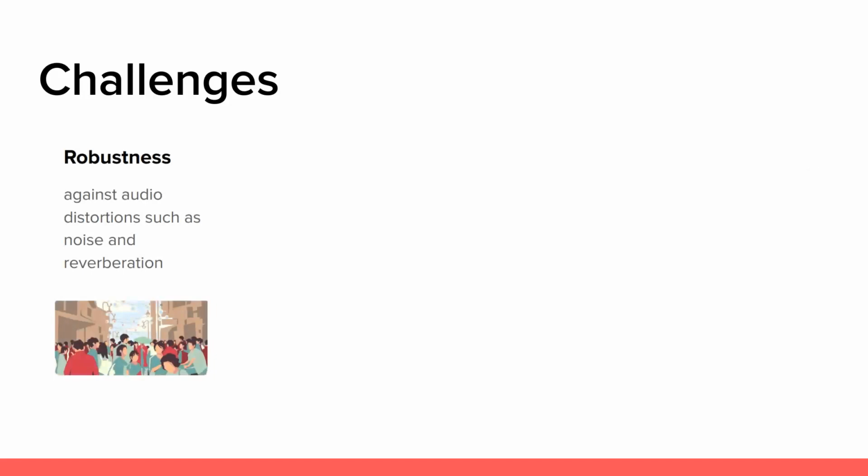So there are a certain number of challenges that we need to tackle in order to build a reliable audio fingerprinting system. First is to ensure that it's robust against various distortions such as noise and reverberation, for example.